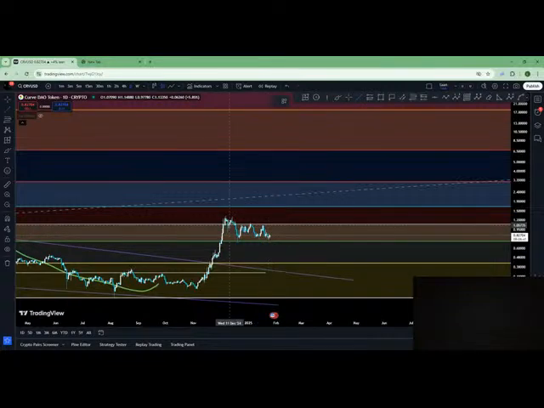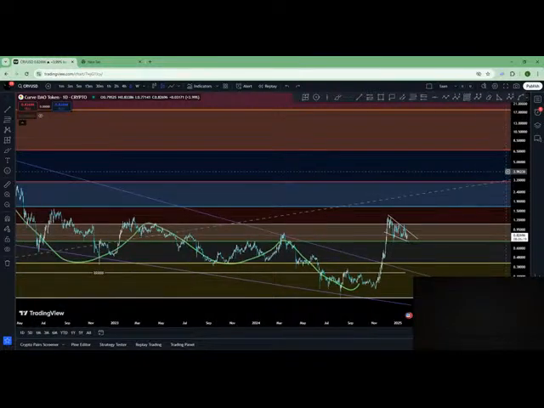You can see the descending trend line. This is a bull flag, so it indicates a continuation. You should go higher and higher. So this bull cycle will be a very big super cycle.